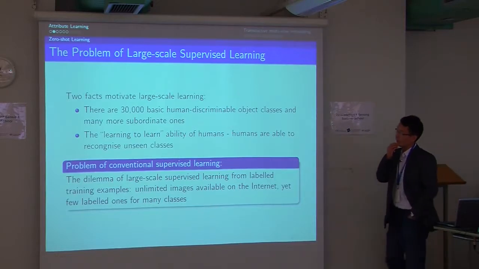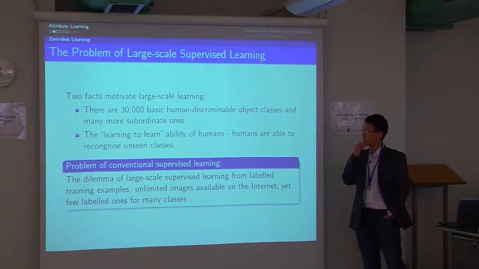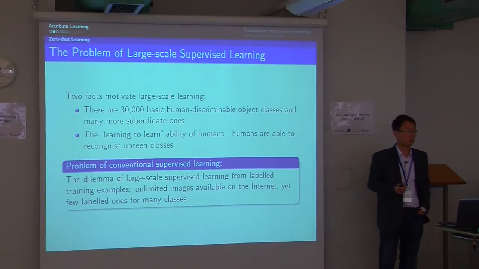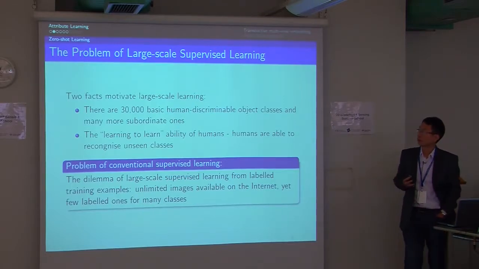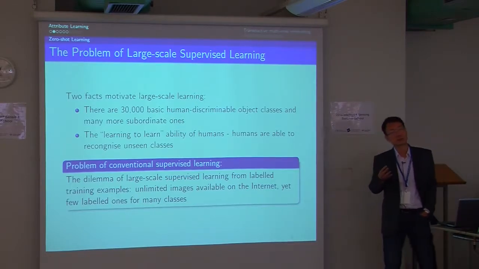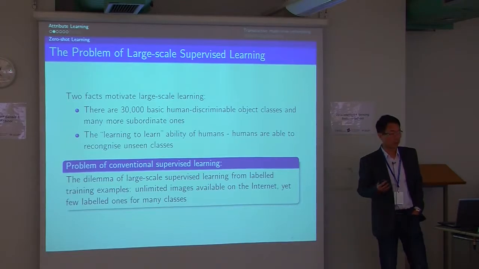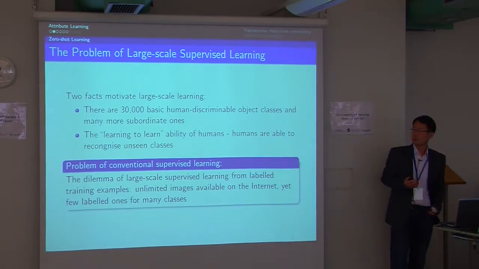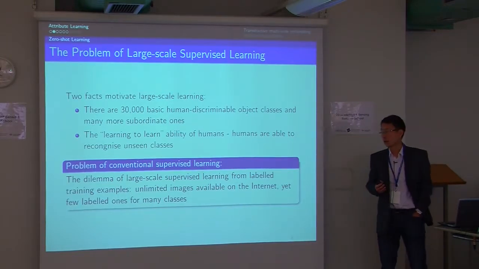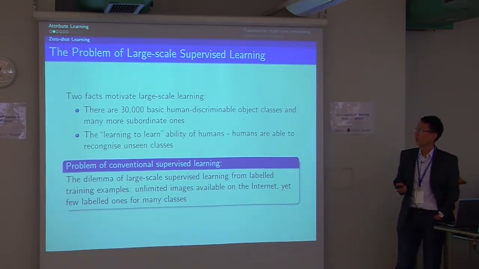Okay, before we talk about zero-shot learning, we want to motivate why I want to do that. The general background is that computer vision research has been studied for over 50 years now. The recent trend is that people have been moving towards large-scale learning.